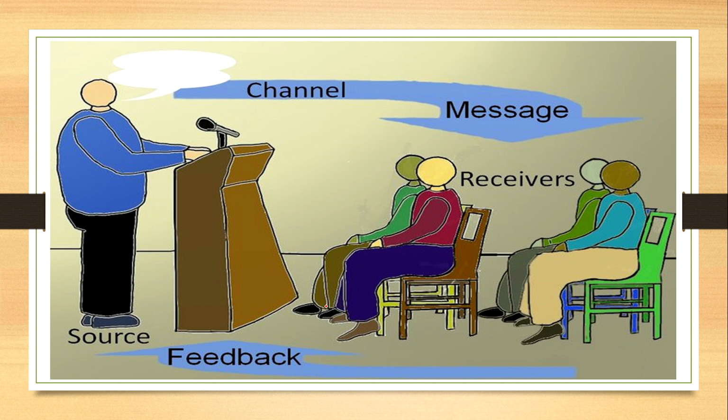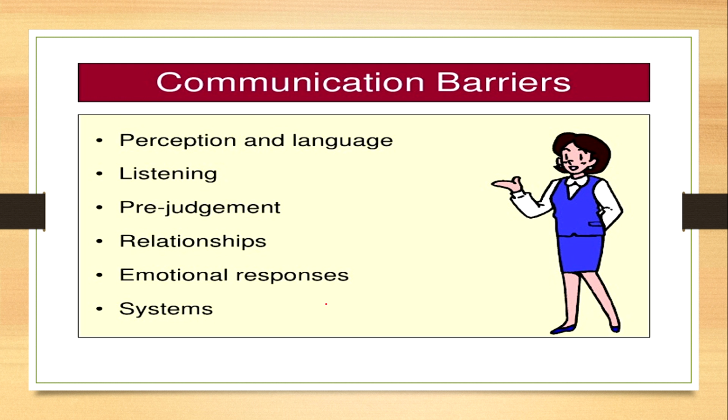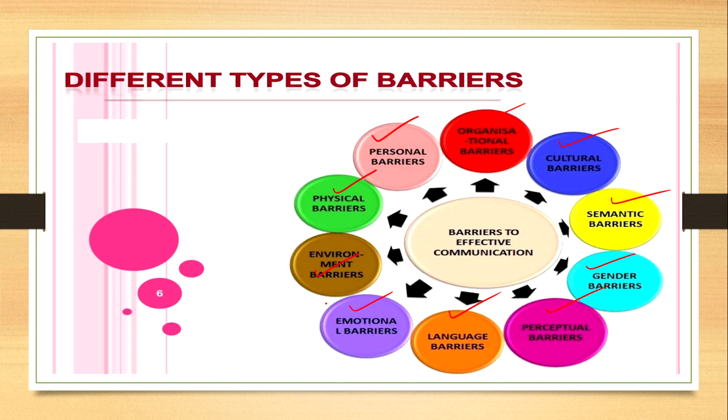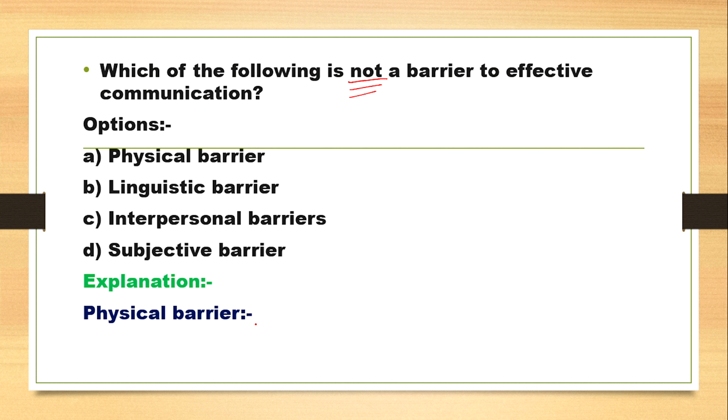And now, which barrier is not a communication barrier? Okay, physical barrier is already a barrier, linguistic barrier is also a barrier, interpersonal barriers are also barriers in communication, but subjective barrier is not a barrier.